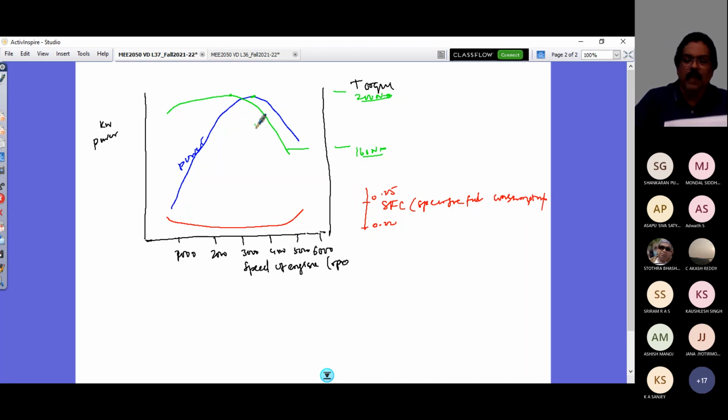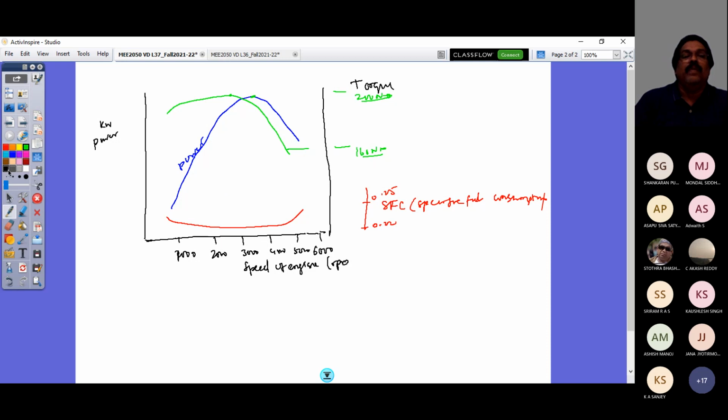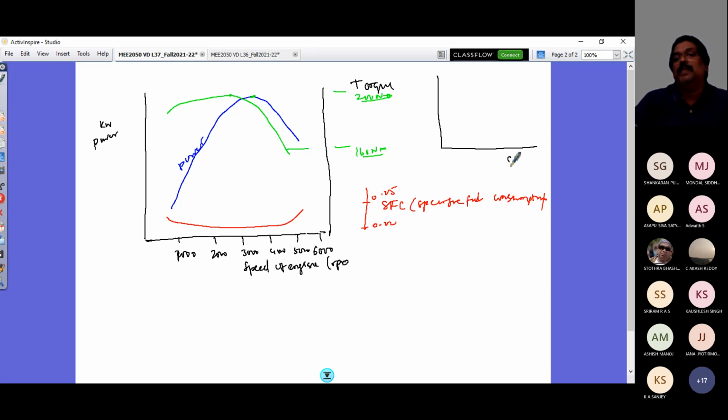So this engine is now to be used in a power plant of your vehicle, correct? So what is the requirement? I require the speed of my vehicle with the torque requirement as this, right? So this would be achieved with an intermediate speed.